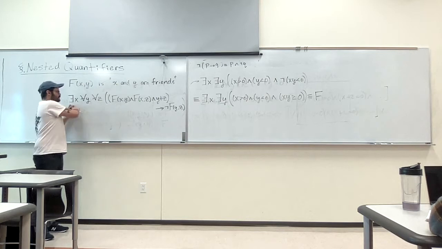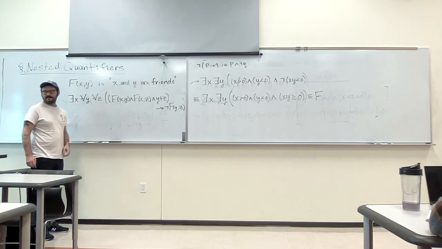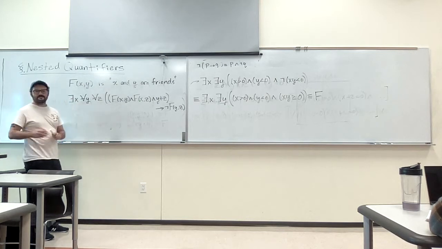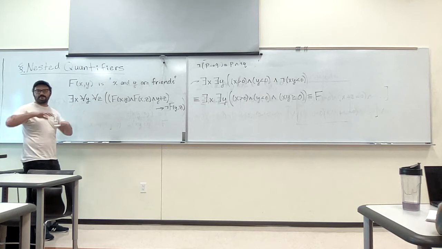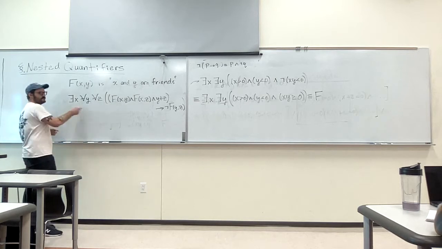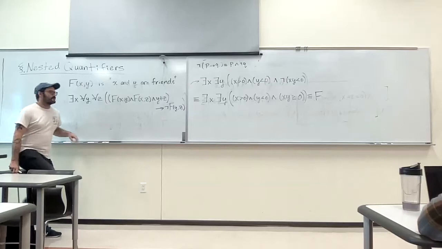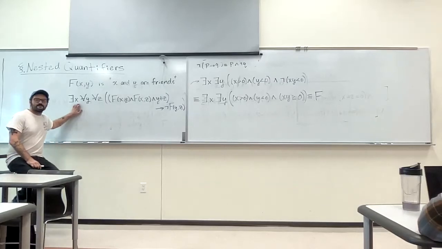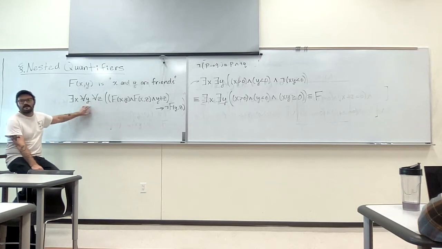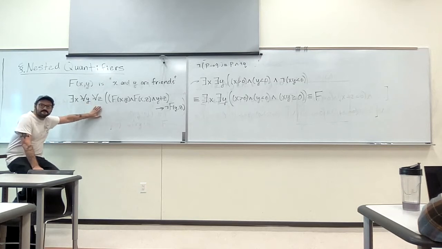You can't forget the quantifiers here, right? Let's just say we're students, so the domain of interest is students. So there exists a student x, for every student y, for every student z. Okay? That's a good way to start. Let's say it out loud.